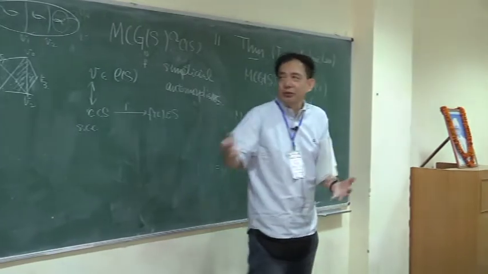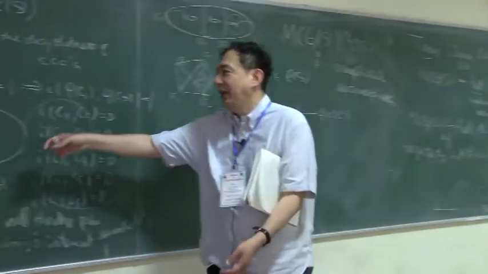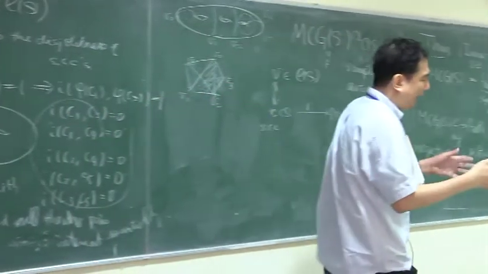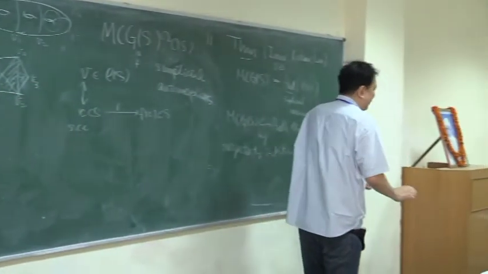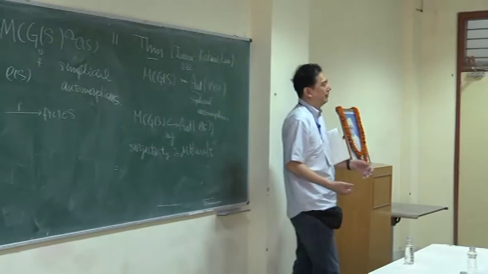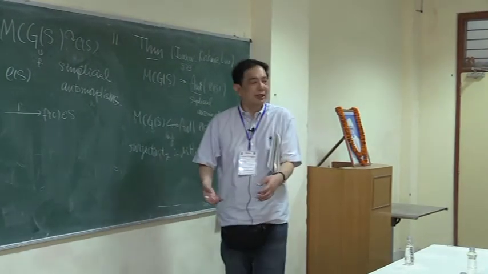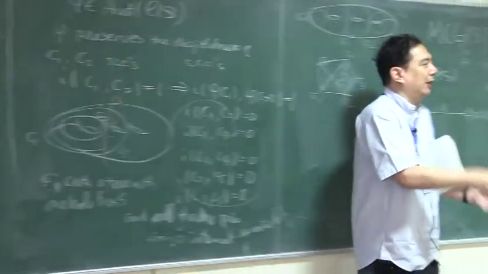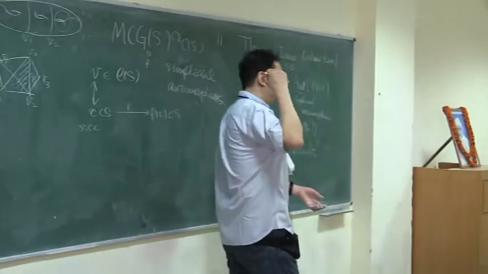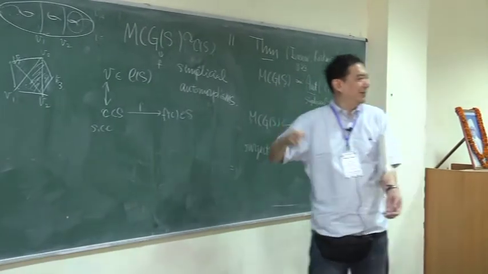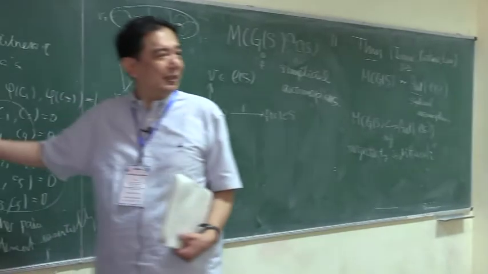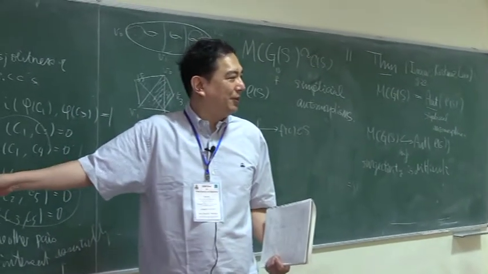So if C4 cuts S into two connected components, that condition is preserved by phi. So this picture should be preserved.